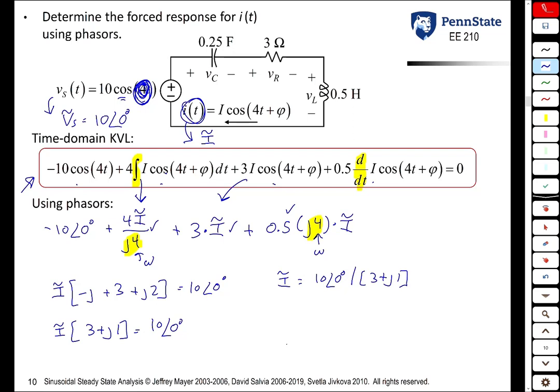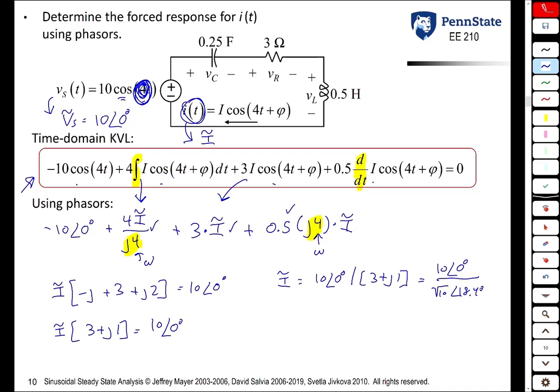So how can you evaluate this expression for I tilde? One way is just plug it into your calculator if you have a calculator that can do complex numbers. If you don't have that, you can convert the complex number in rectangular form to polar form. 3 plus j1 is the square root of 10 at an angle of 18.4 degrees.